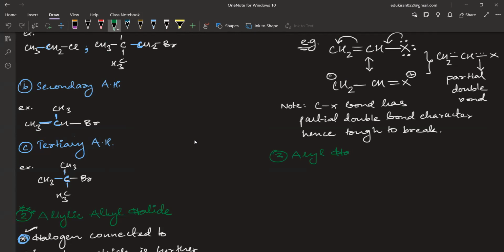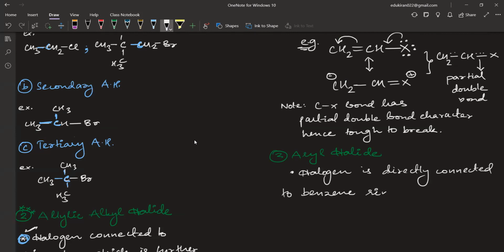That is aryl halide. Now in aryl halide, we all know the halogen is directly connected to the benzene ring.